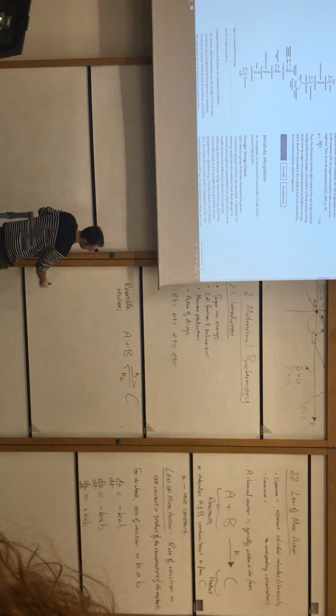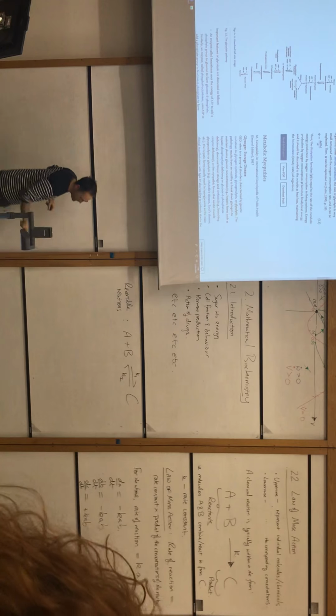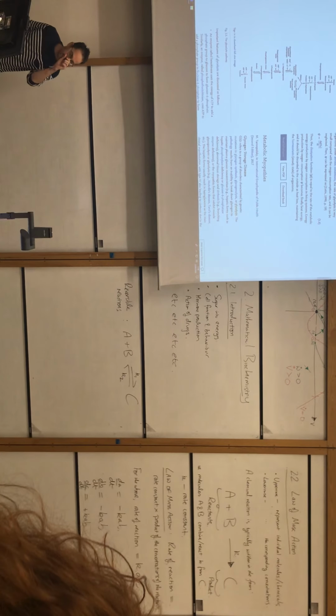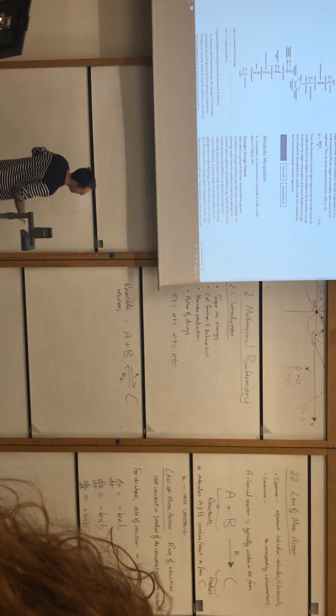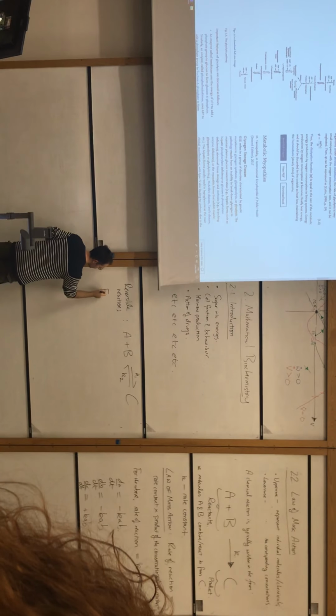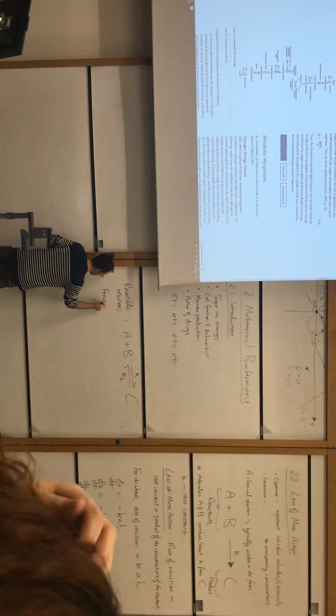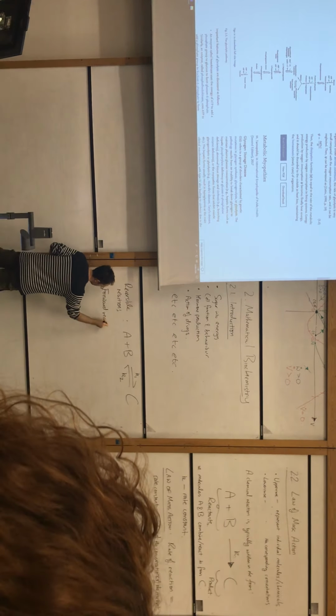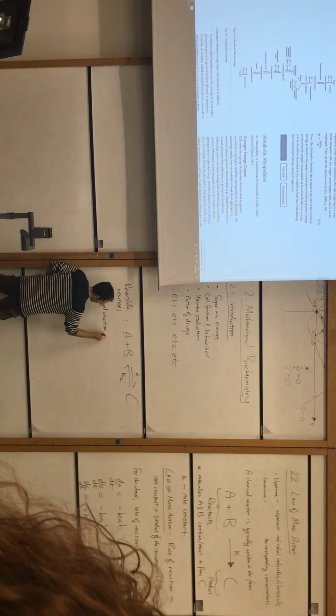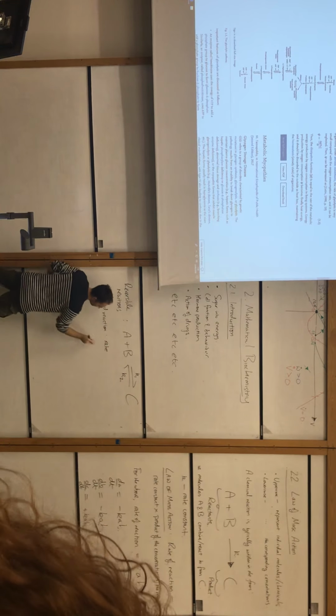So, how do we then write down our differential equation model for this case? Well, we've effectively got two reactions going on. The forward reaction is the same one as before.